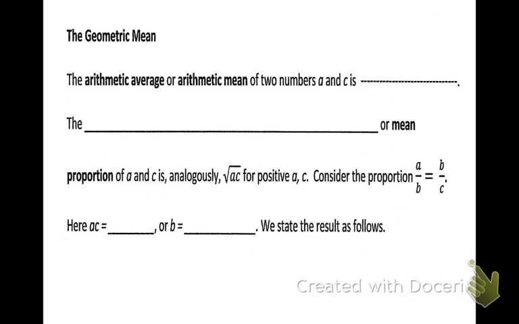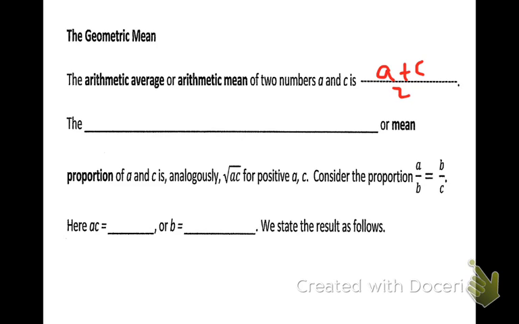Okay, the geometric mean. The arithmetic mean, or average, of two numbers, we know that. What do you do to find the mean of two numbers? The arithmetic mean, what do you do? A plus C divided by 2. Yeah, we take A plus C divided by 2.